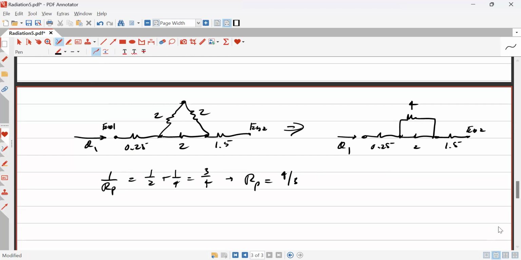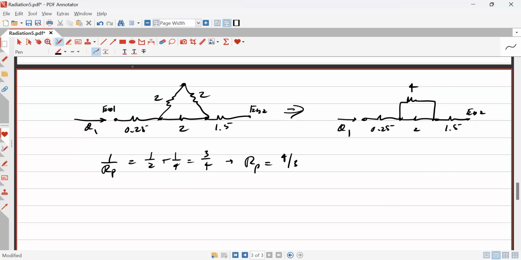Again, units in all this are inverse meter squared. So our resistor diagram now looks like Q1, EB1, 0.25, 4/3, and 1.5 to EB2. And now you just simply add them all up to get your total resistance.